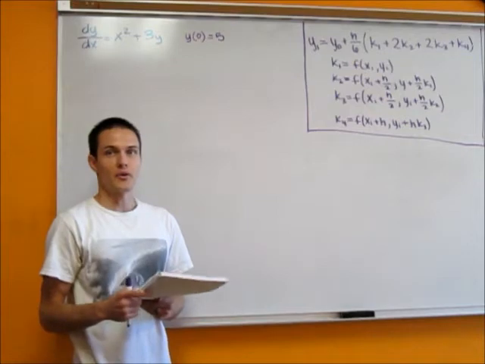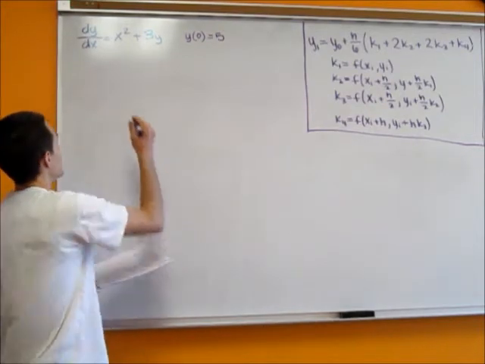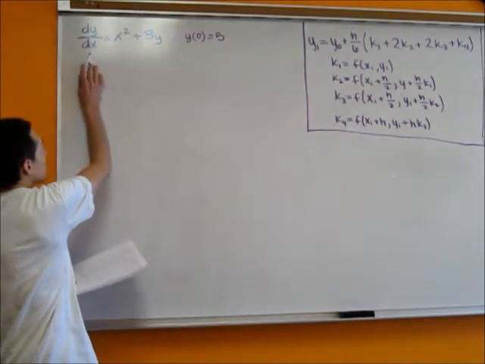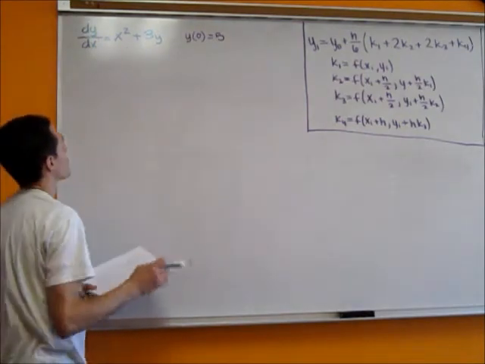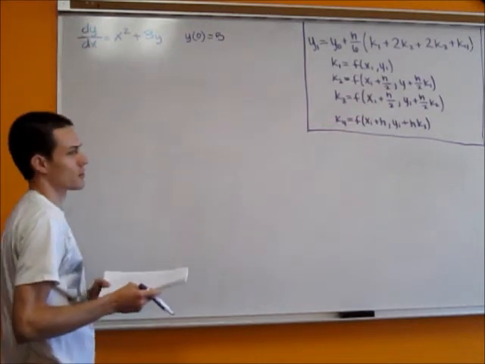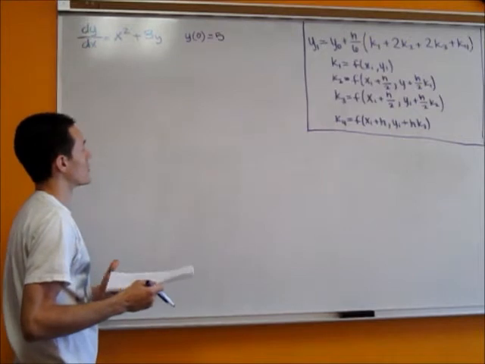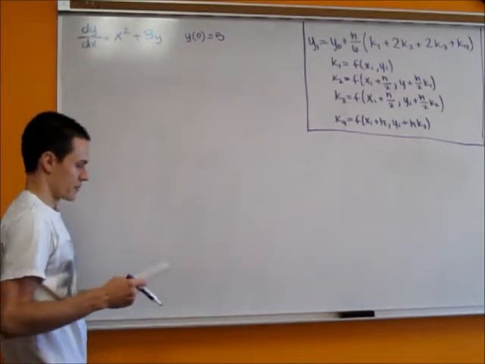Okay, so using the equations we just discovered, we're going to show an example of the Runge Kutta method of solving our initial equation, dy dx equals x squared plus 3y, with our initial condition of y0 equals 5.